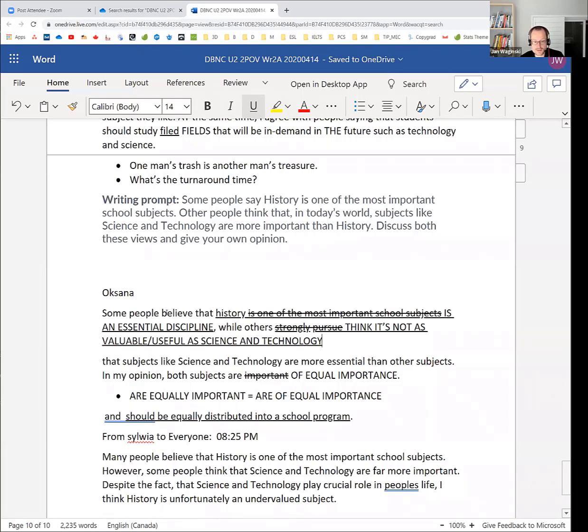Some people think that history is an essential discipline, while others think it's not as valuable or useful as science and technology. In my opinion, both subjects are of equal importance. Thank you. So you can flip it around. If you're stuck saying, while others think science and technology are also essential, are also important, you can just reformulate it as the opposite idea of that.